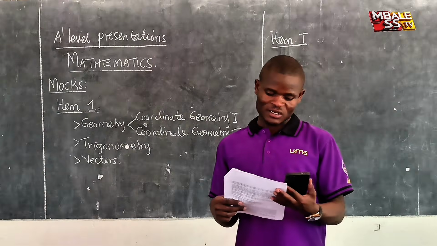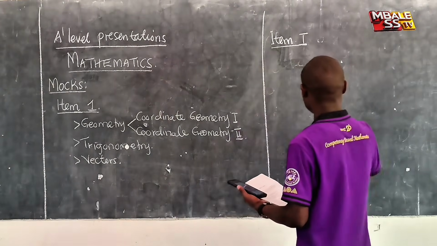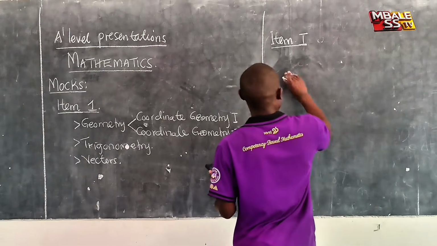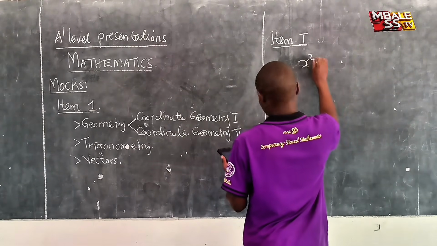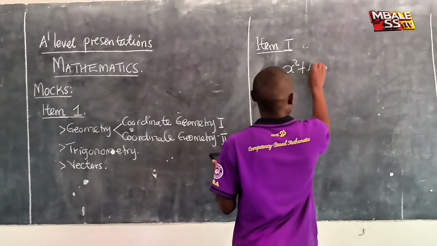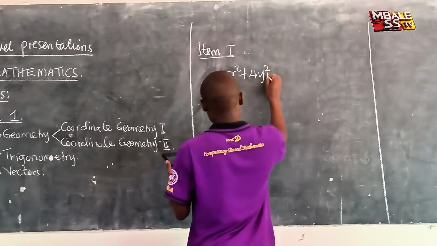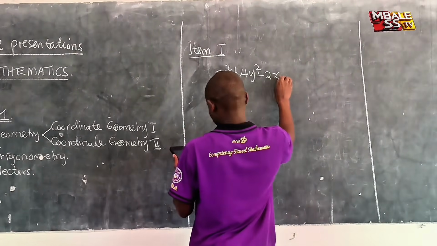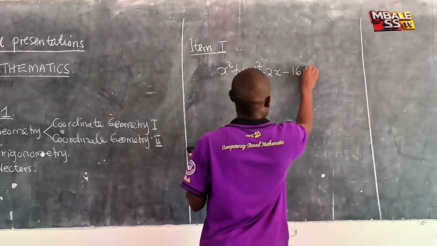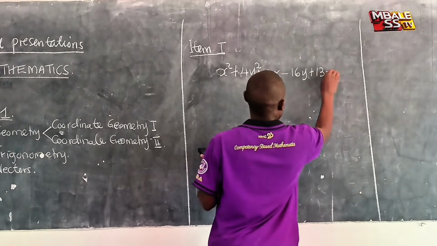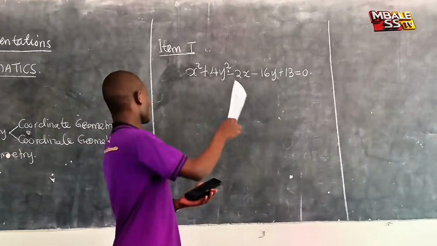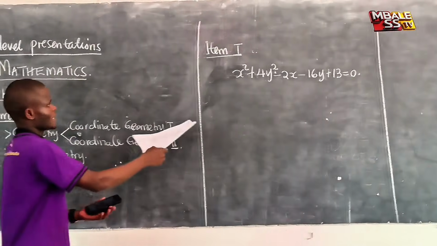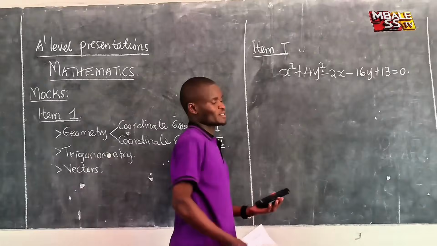So they have given us the equation representing the curve, which is an ellipse. If I am to summarize the given information, we have the curve x squared plus 4y squared minus 2x minus 16y plus 13 equals 0. To candidates who have studied geometry, we can easily know how to define this curve.